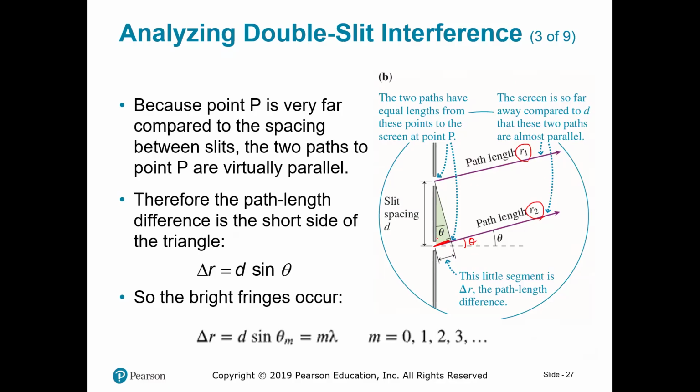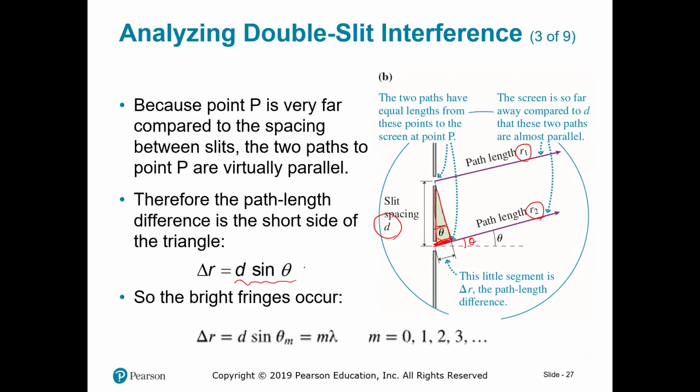Then this is 90 minus theta, and then this is theta again. So this is nothing but a right triangle whose hypotenuse is the slit spacing d, with angle theta. Now you can see the path length difference is d sine theta.